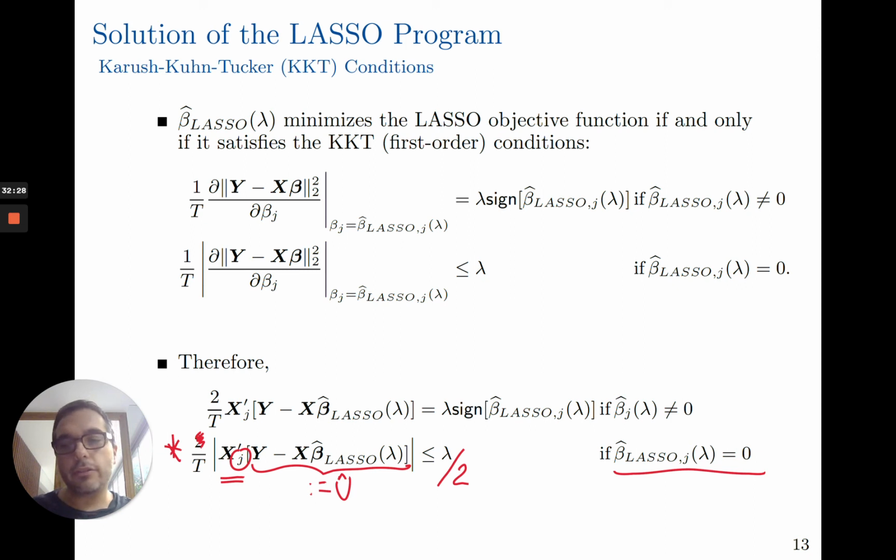This is not true. There's nothing on that slide that supports this claim. It's not a relation that involves just the coefficient. It relates the covariance between regressors and the residual term.